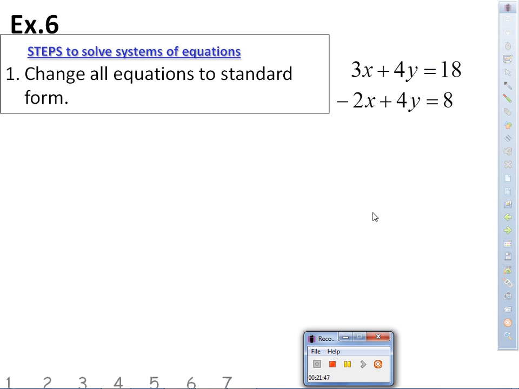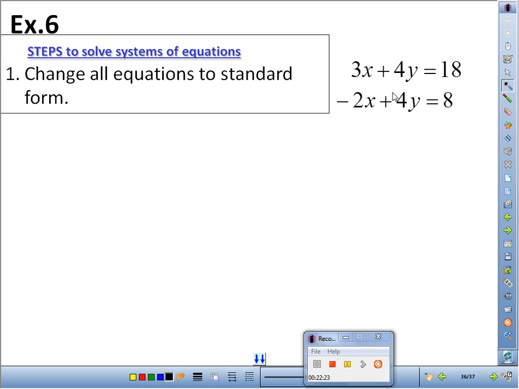Here you go. So since here, step 1, they're already in standard form. Okay? Step 2, eliminate one of the variables. I cannot eliminate here because they don't have the opposite sign and the opposite coefficient. And here, these become 8y. No, I can't. However, everybody look up.